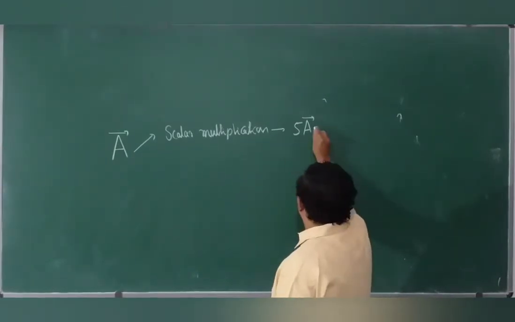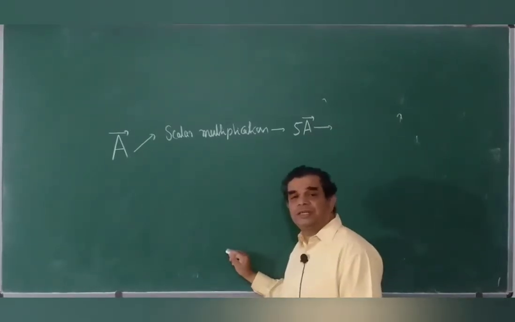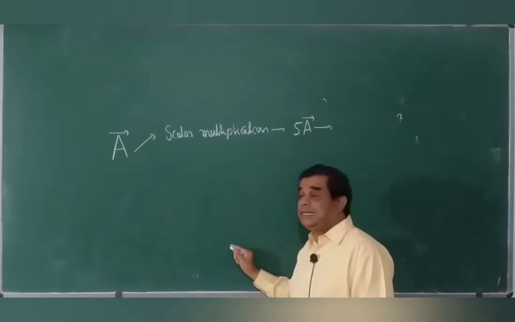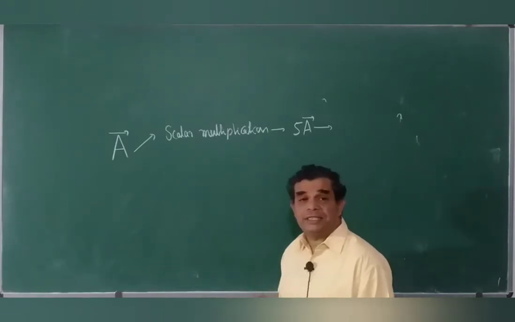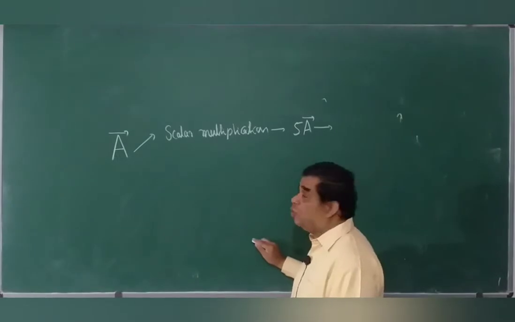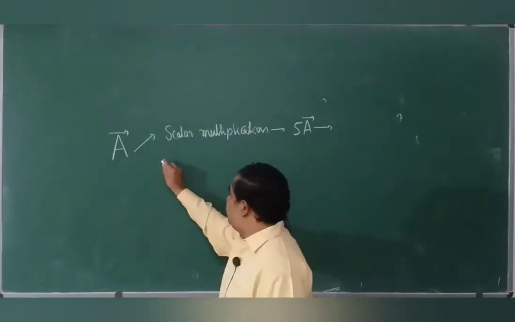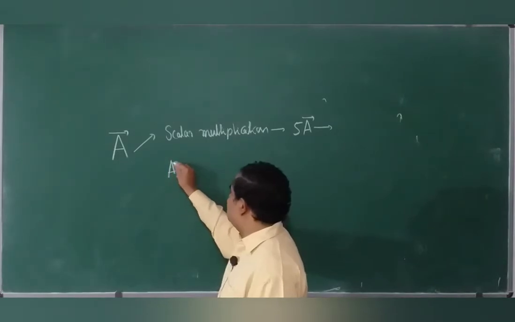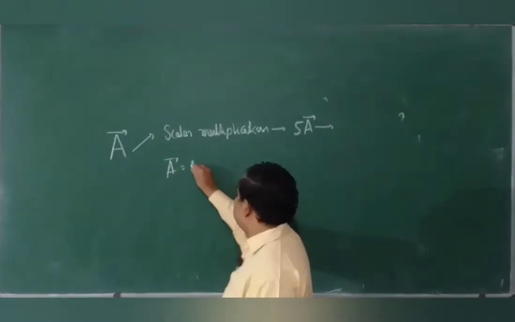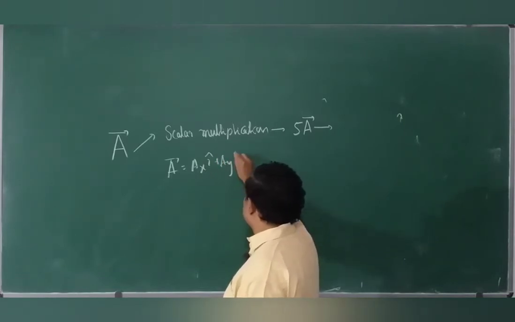And very important idea is, in scalar multiplication, the direction of A will not change. Only the magnitude of A will change. Why? We write. Say if I write A vector as AX i cap, AY j cap, AZ k cap.